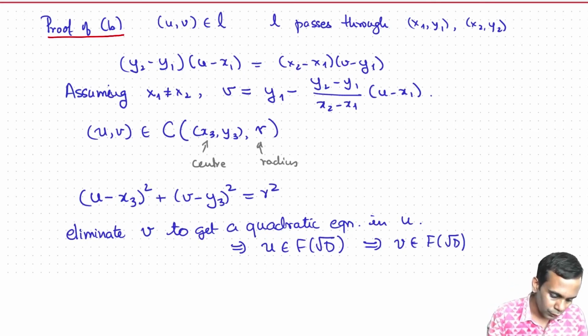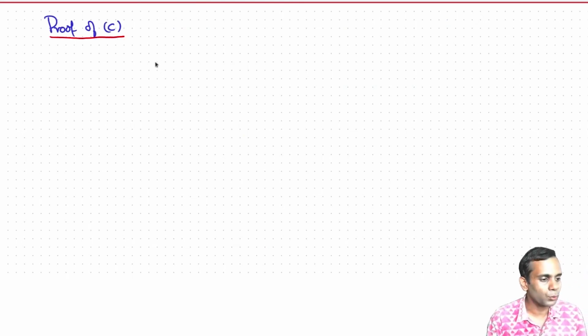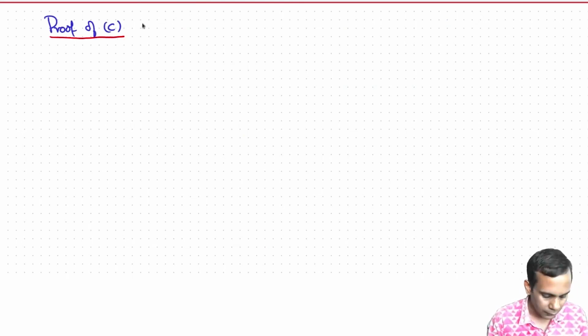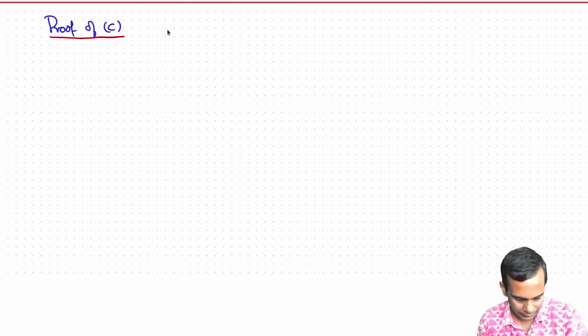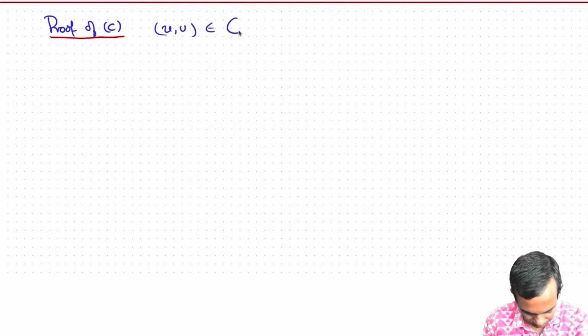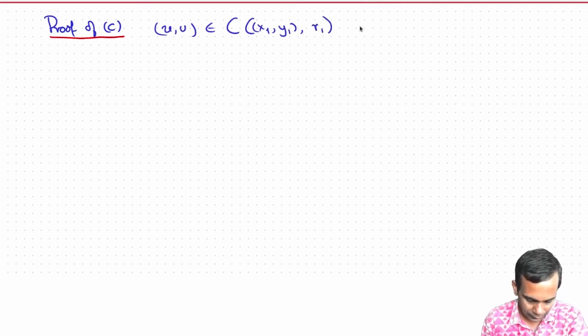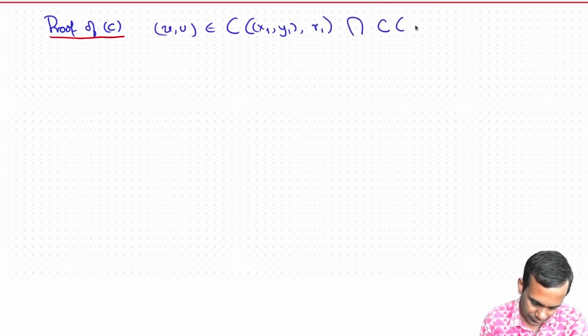Now let's move on to the proof of C. We have a point that lies on two circles. So let's say (u, v). The first circle has center (x1, y1) and radius r1, and the point also lies on the circle with center (x2, y2) and radius r2.